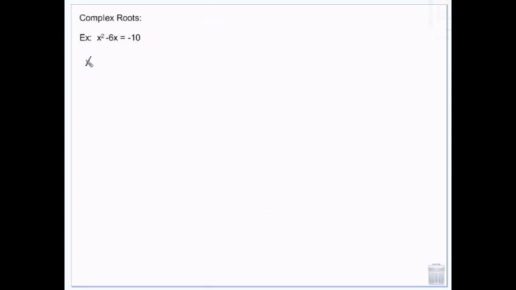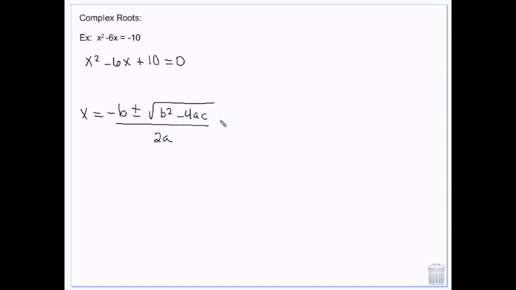So I have to set this equal to 0. So it's going to be plus 10 equals 0. Write down my quadratic formula, plug in my values.